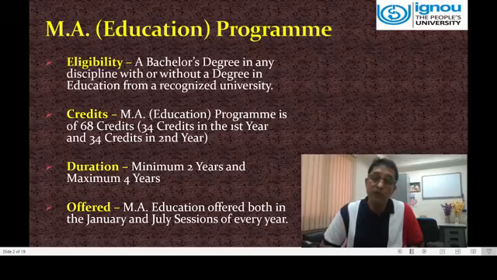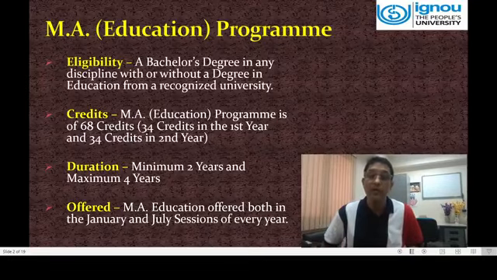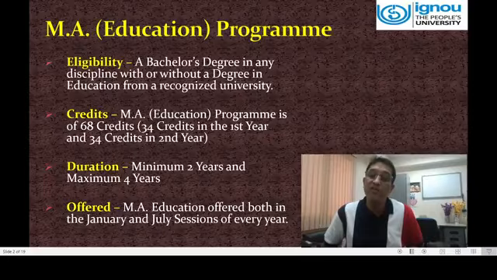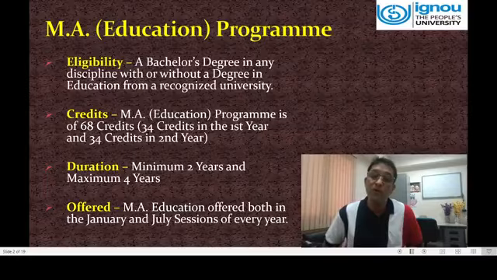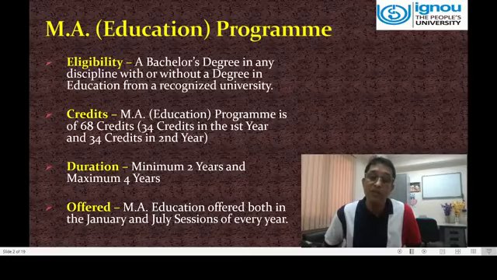You have to complete your program within a maximum of 4 years. After 4 years, you will not get any extension. So you have to complete all the courses of the first and second year within the maximum duration of 4 years.